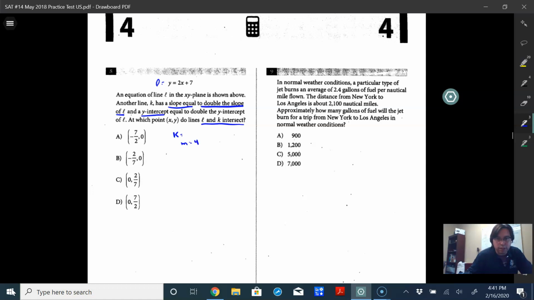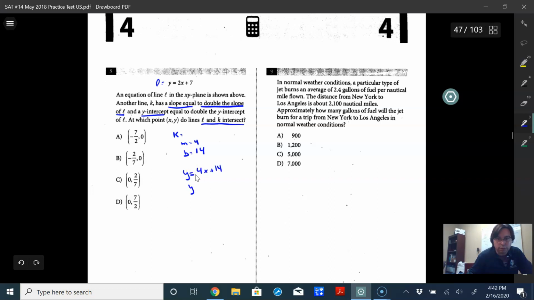And it says a y-intercept equal to double the y-intercept of L. Well, if the intercept here is at 7, then that suggests the intercept of this other one is going to be at 14, because that's 7 there. So this expression here is going to have to be y equals 4x plus 14, right?